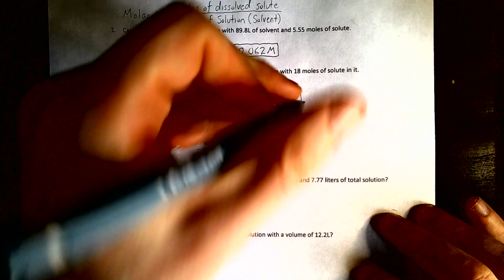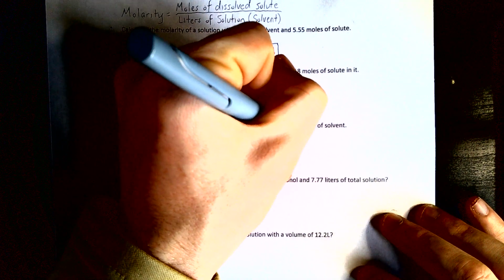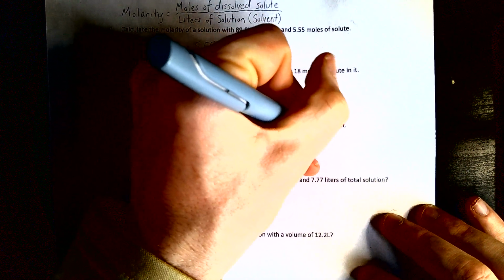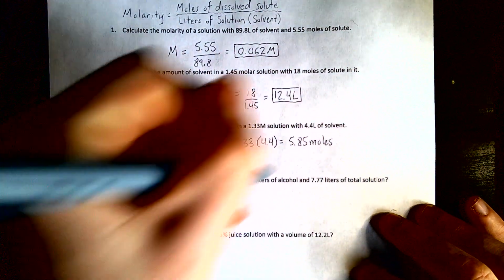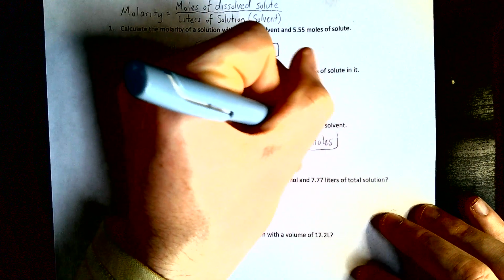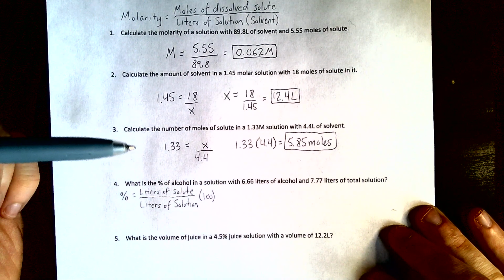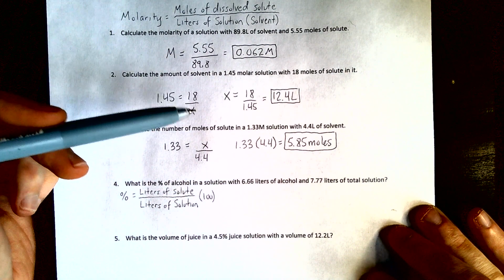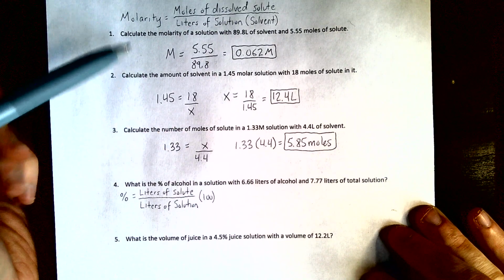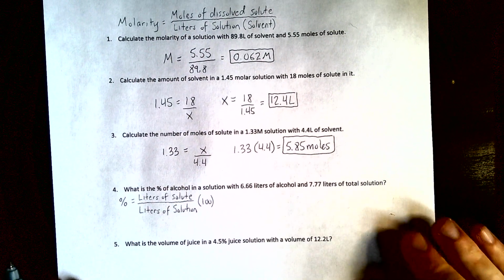And we get, in this case, moles. With these three problems, we have solved for every variable possible in a molarity problem. Let's use this to review.